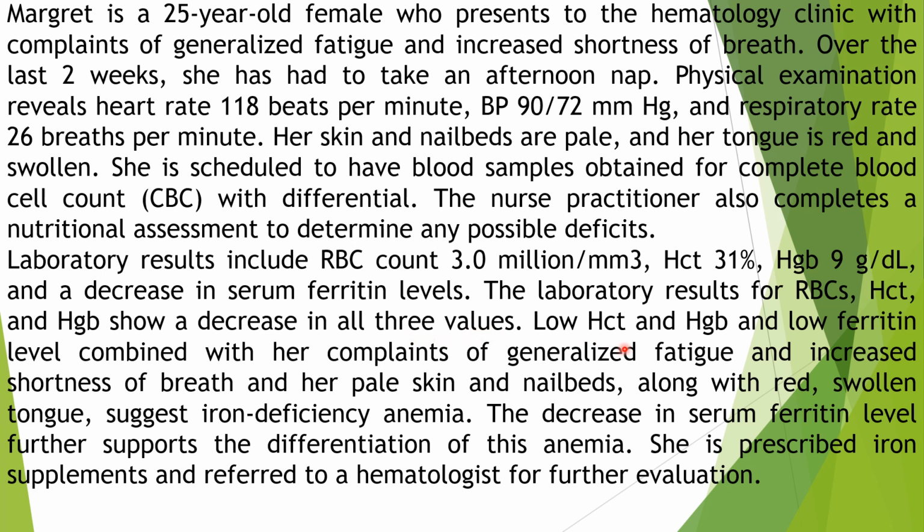Low hematocrit and hemoglobin and low ferritin level along with the complaints of generalized fatigue and increased shortness of breath and her pale skin and nail beds along with the red swollen tongue suggest iron deficiency anemia. The decrease in serum ferritin level further supports the differentiation of this anemia. She is prescribed iron supplements and referred to a hematologist for further evaluation.